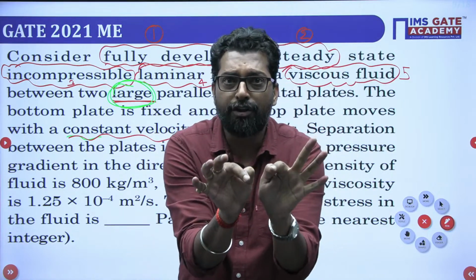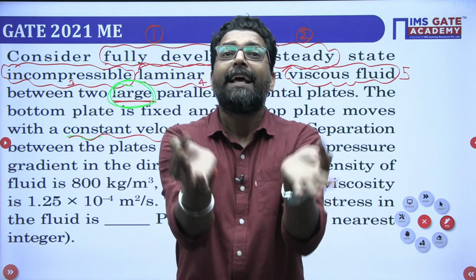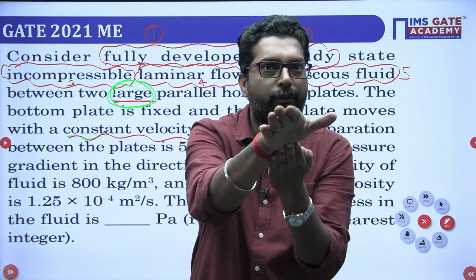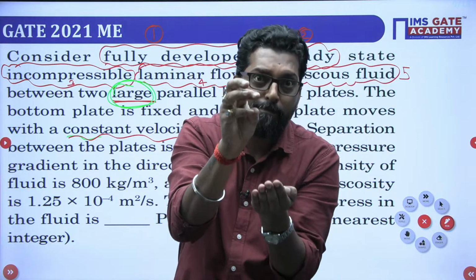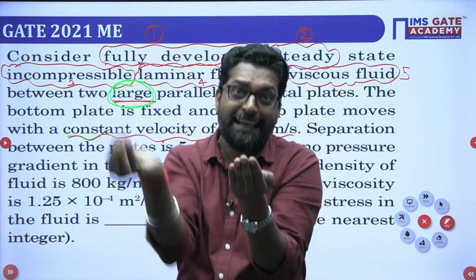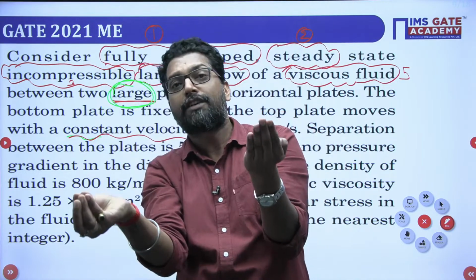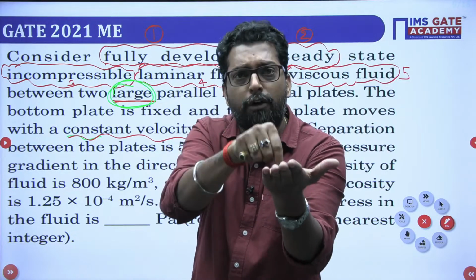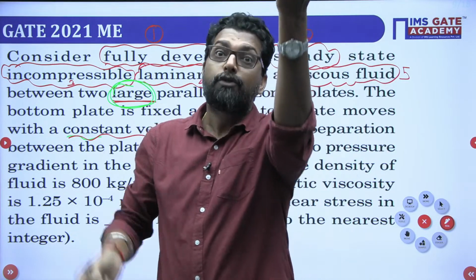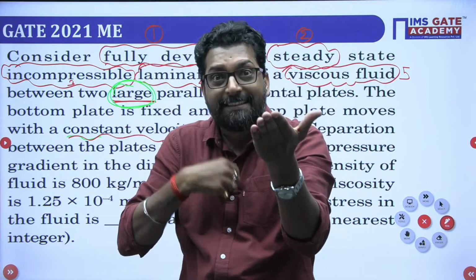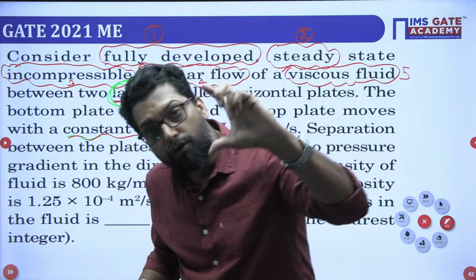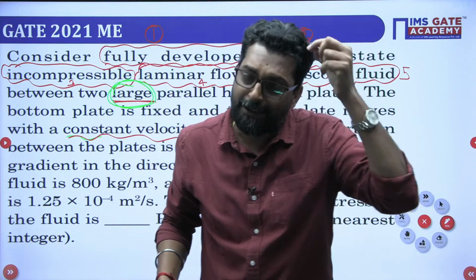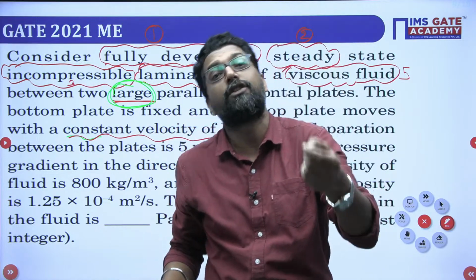What is meant by the no slip condition? It means the tangential velocity of the fluid particle at that point, relative to the surface, is 0. The plate is at rest, so the velocity of the fluid particle is zero. The plate is moving, so the velocity of the fluid particle is not its own, it is due to the plate. Note that no slip condition does not mean the velocity of the fluid particle is 0.